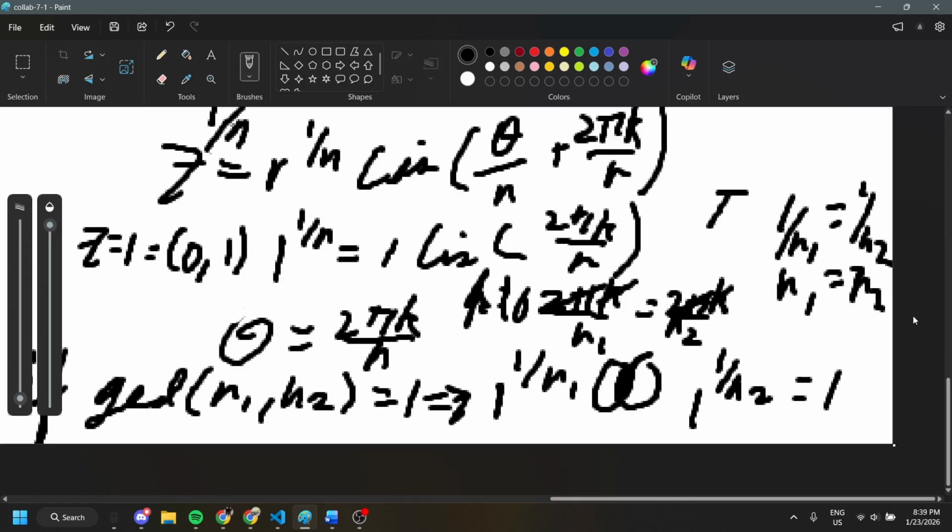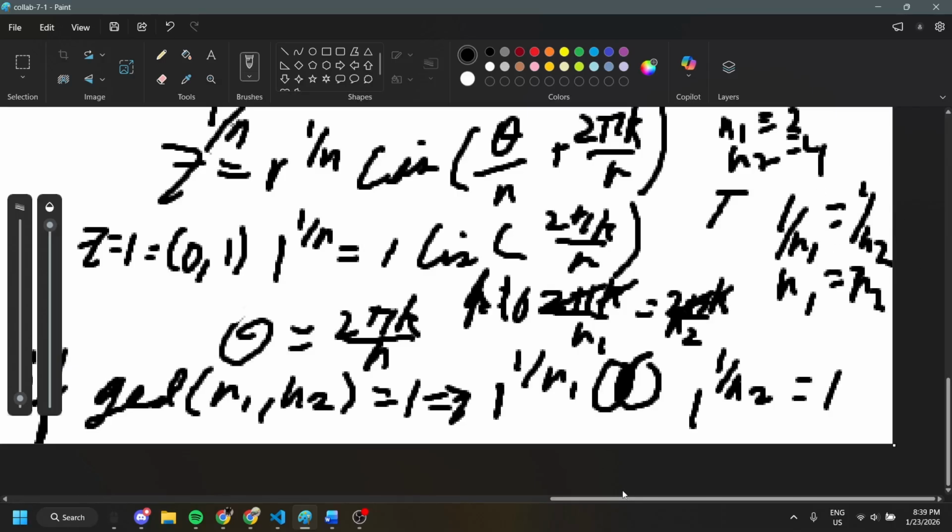Because they can be the same if they are coprime, or if they're not coprime. If n1 is equal to 2 and n2 is equal to 4.